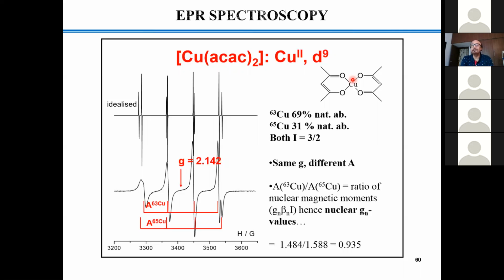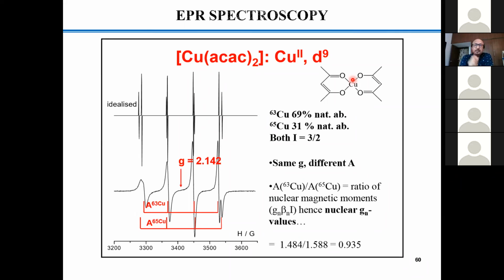Then the EPR response we would be getting could be, who knows, one radical response. Now, if you get a one-line spectrum, particularly in the solid state, always in a metal complex, you'll be getting a one-line spectrum. You won't get any splitting due to the molecular distortion. Then is it appearing due to metal or due to ligand or radical? How do you differentiate it?